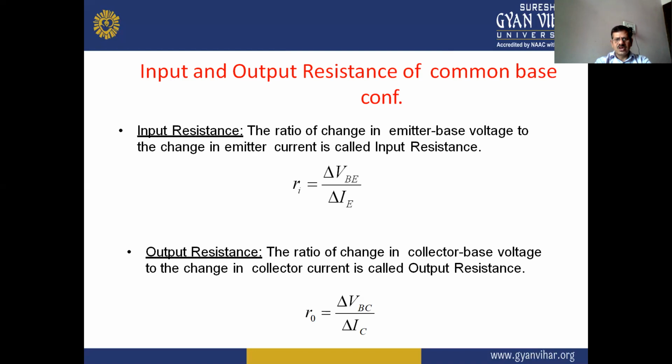So output resistance Ro equals change in base to collector voltage to change in collector current. These are the formulas of input resistance and output resistance for the common base configuration.